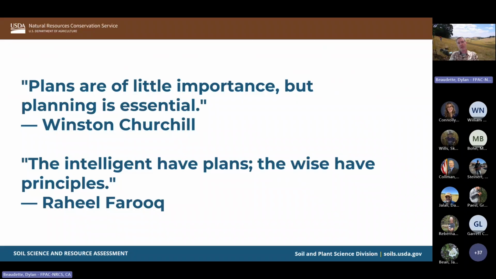But the second quote here I thought was kind of interesting, and it helped me frame this short 10-minute talk, which is that it makes a lot of sense to come up with a plan. It focuses the mind, and it puts into writing the agreement that ultimately is the justification for the funding that's moving around. But also having a set of principles to guide that plan, especially when plans have to change, maybe those principles are just as valuable, if not more so.